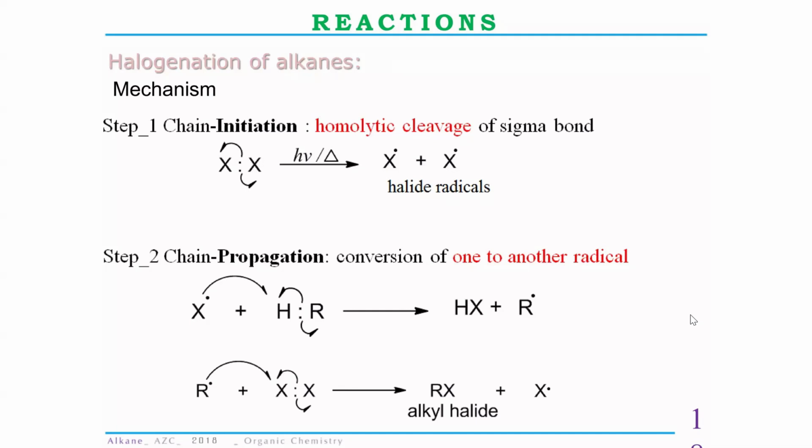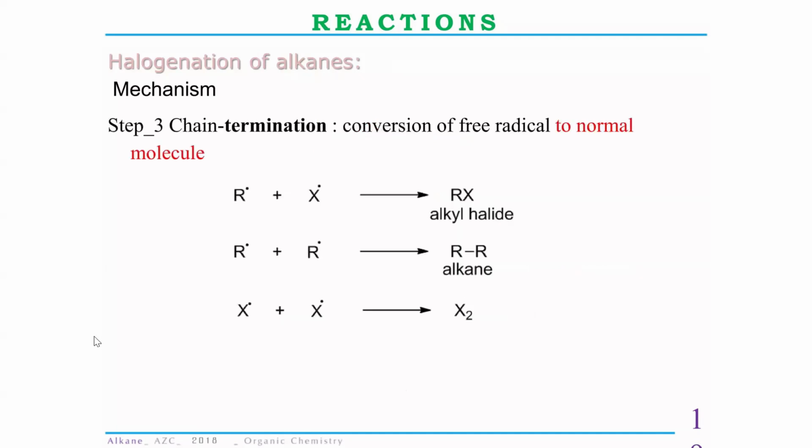The free halide radicals react to produce hydrogen halide plus methyl radical, and these methyl radicals react with another molecule of halogen to generate alkyl halide plus a free halide radical.